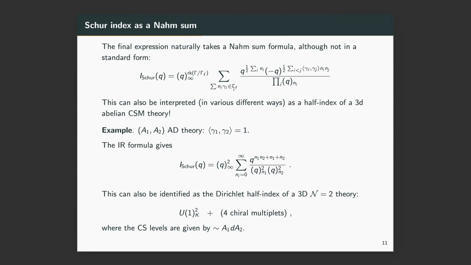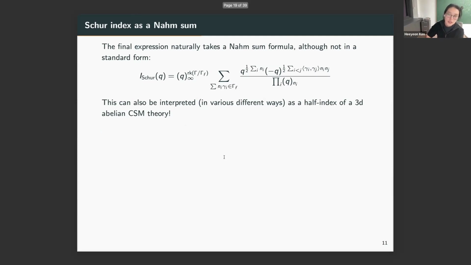So if the flavor is trivial, just like in this example, this implies some particular constraint among the set of charge vectors you sum over. So for example, if it turns out that gamma_f is trivial, just like in these Argyres-Douglas theory examples, then this constraint just implies that gamma_1 is equal to minus gamma_{n+1}.